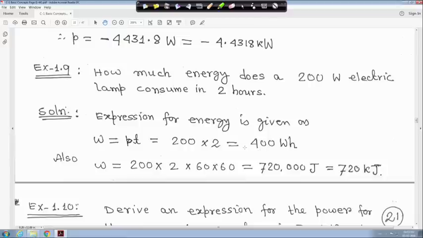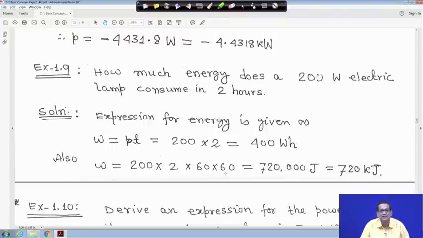But we know that joule per second is equal to watt, because we have seen P is equal to dW by dt, where W is the work done in joule, so it is joule per second. Therefore, 1 hour is equal to 60 into 60, 3600 seconds. So, 400 into 1 hour, and 1 hour is 3600 seconds, so this much joule, that is 7,20,000 joule, which is equal to 720 kilojoule.